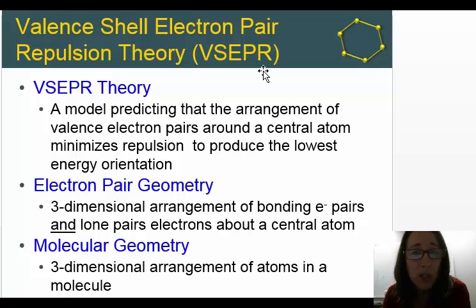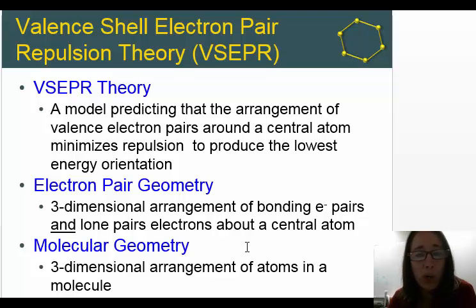Electrons have negative charges, and negative charges repel each other. So electron pairs want to be as far apart from one another as possible. And we can use geometry to predict how those electron pairs are going to orient themselves to be as far apart as possible. We want to remember that an atom has 3 dimensions to work with.